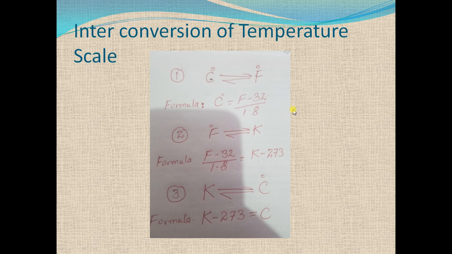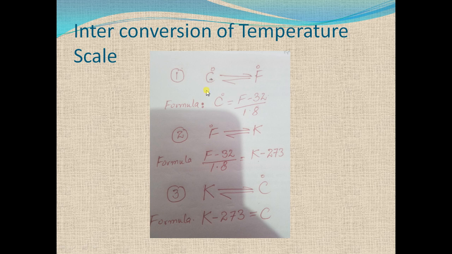Now interconversion of temperature scales. So these are the formulae for the interconversion. Formula number one is how we convert centigrade into Fahrenheit or Fahrenheit into centigrade. So this is the formula: centigrade is equal to Fahrenheit minus 32 divided by 1.8.